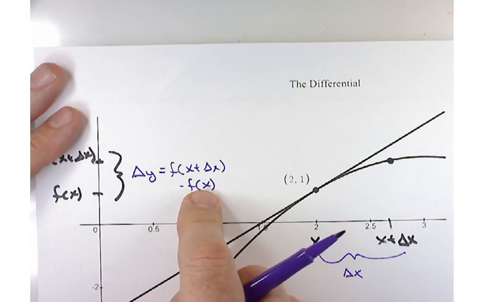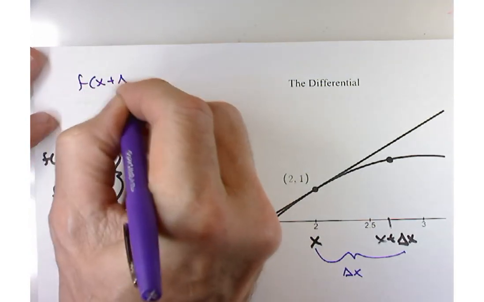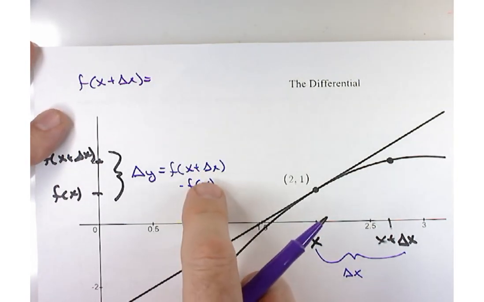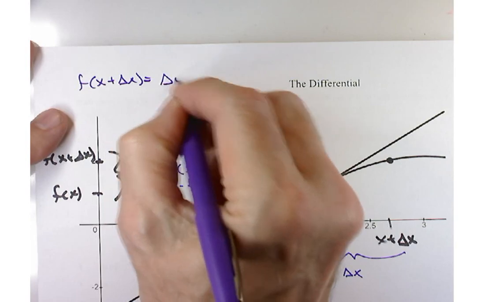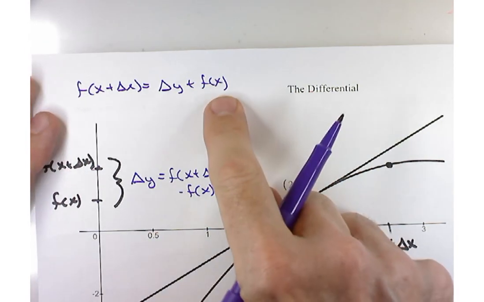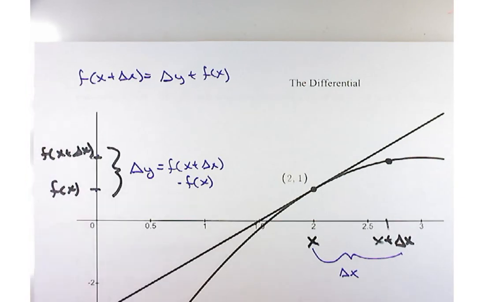I'm going to move things around. F of x plus delta x, so I'll keep that by itself, is going to be delta y plus f of x. So it's your original function plus a little bit of a change is what you're getting. We'll just kind of put that off to the side for the moment and focus in on the tangent line for a bit.